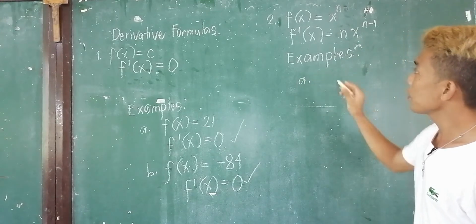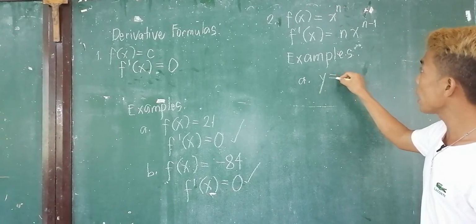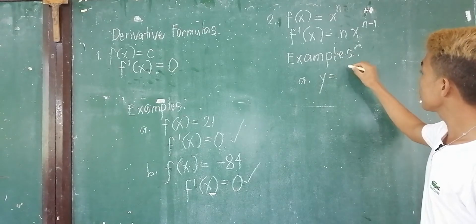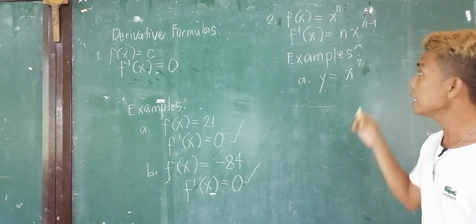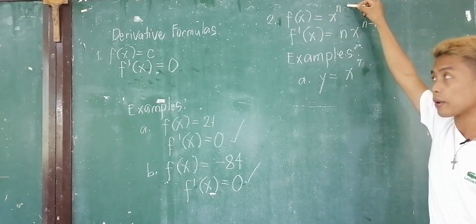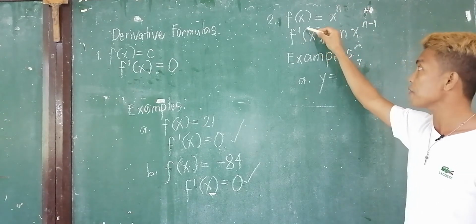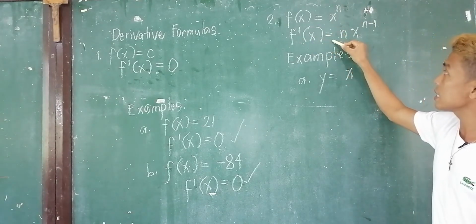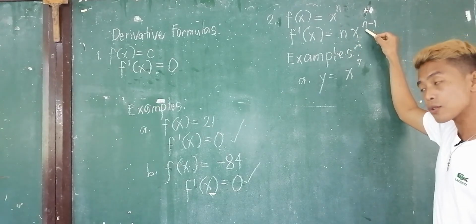Letter A, we are asked to find the derivative of the function y is equal to x raised to 7. Yan. Sa formula natin, f of x is equal to x raised to n. And the formula to finding the derivative is f prime of x is equal to n times x raised to n minus 1.